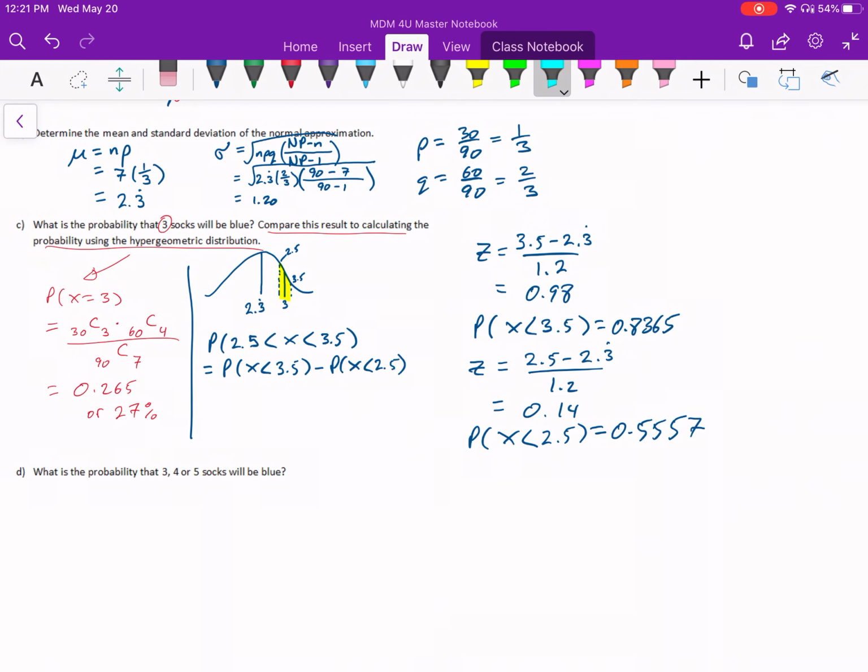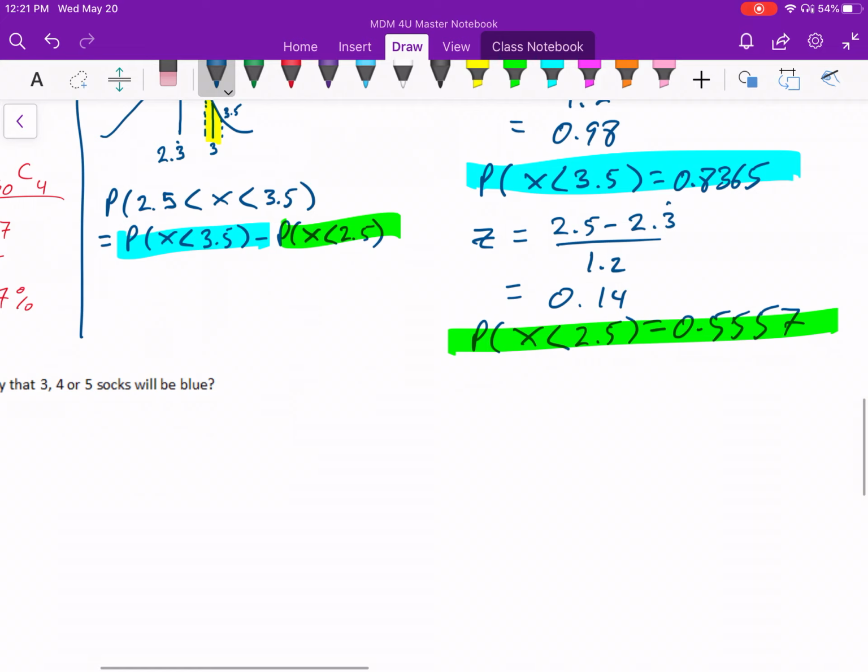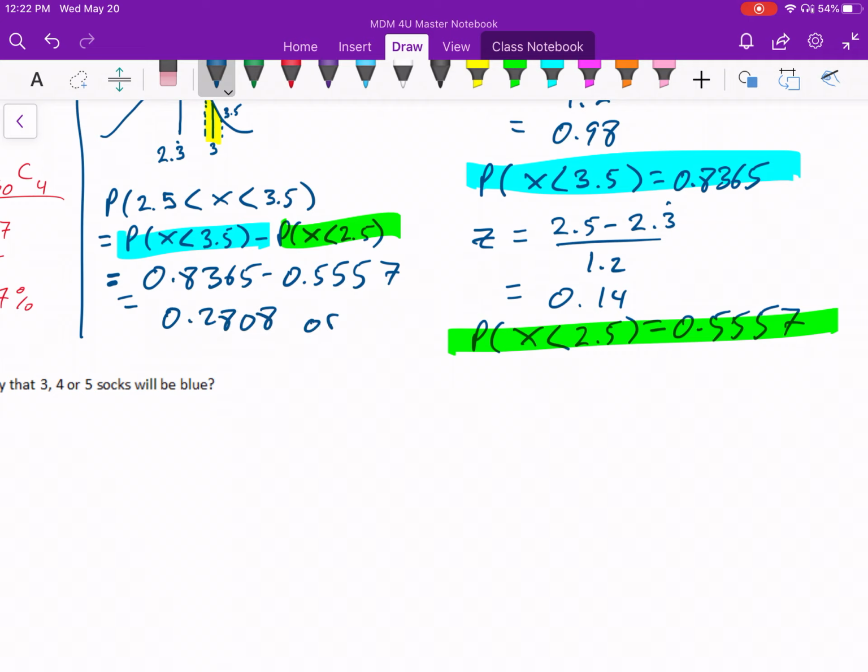Again, maybe a little highlighting just to make it hopefully connect a little better. And so I want to take away 0.5557 from 0.8365. And for that, that works out to be 0.2808, or about 28%.